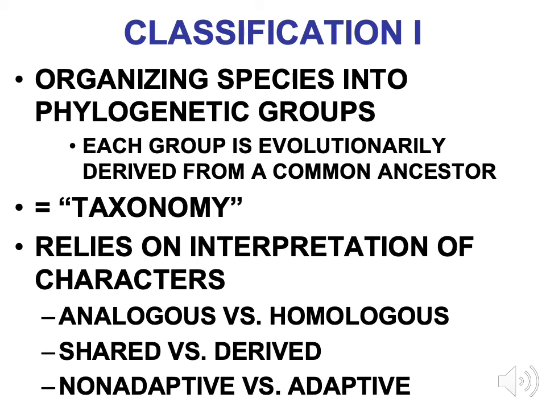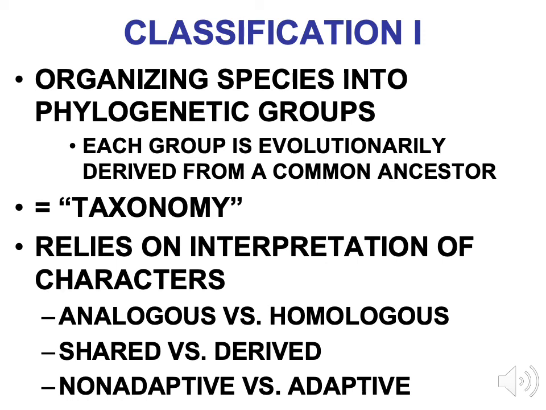Now, taxonomy is the idea that when I do have a group, that group is defined by its characteristics. And a lot of times we put a name on that group. So all the mammals are placed into a group called the Mammalia. That's taxonomy. And all the mammals share certain characteristics, and those characteristics indicate some common ancestry.